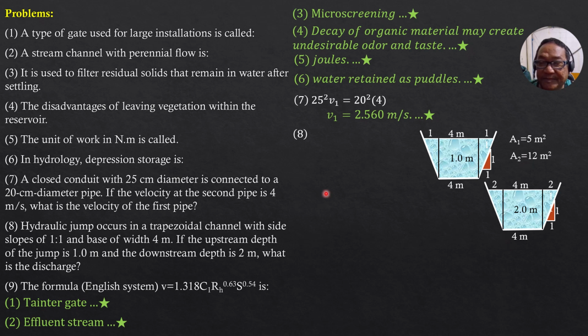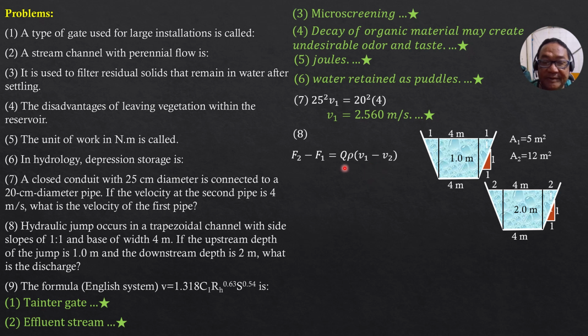Then the general formula for hydraulic jump, the change in hydrostatic forces, F2 minus F1 equals mass flow rate Q times density times quantity V1 minus V2. Since F2 is specific weight times h-bar 2 times area 2, F1 is specific weight of water times h-bar 1 times area 1, and V1 is Q over area 1, V2 is Q over area 2.